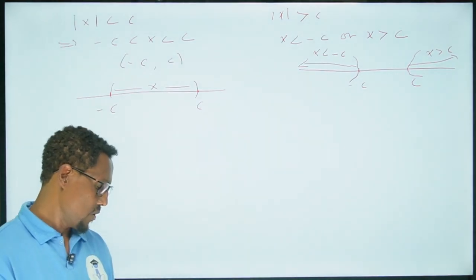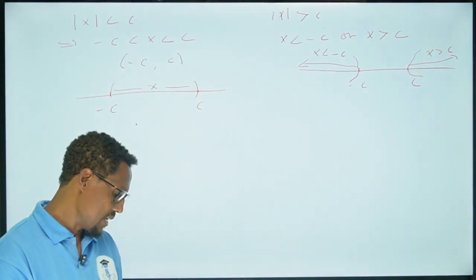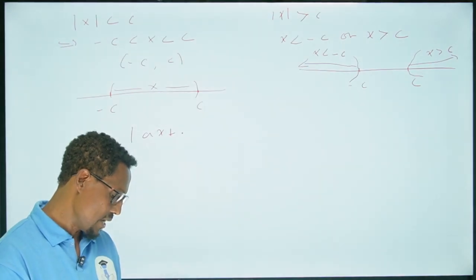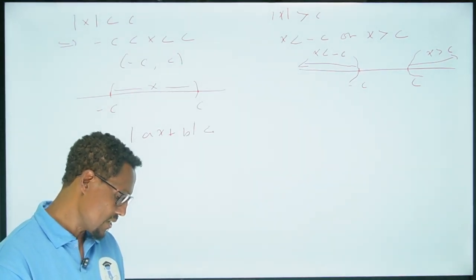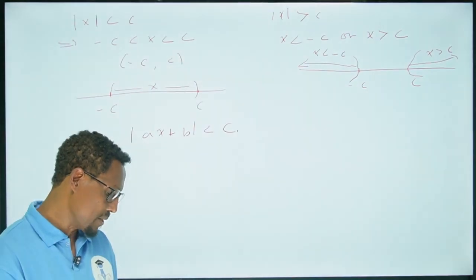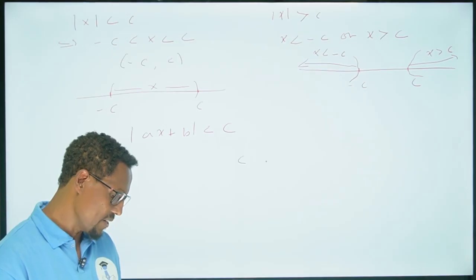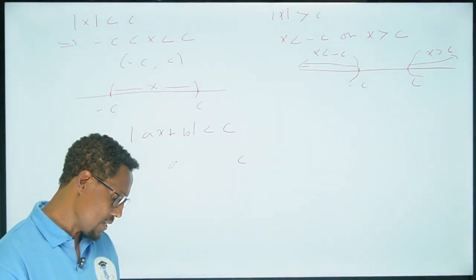Okay, similarly the absolute value of ax plus b less than c means ax plus b is between minus c and c. Okay, we have minus c and c, and in between there is ax plus b.